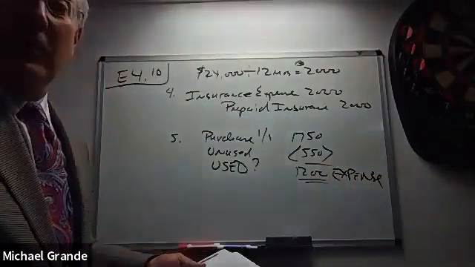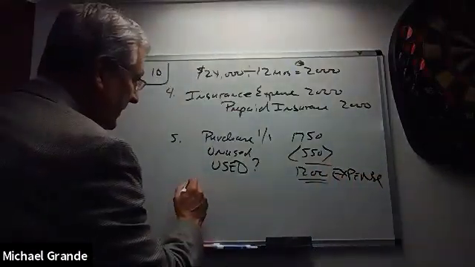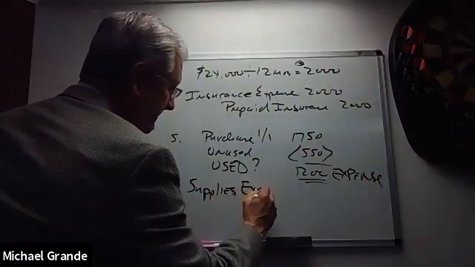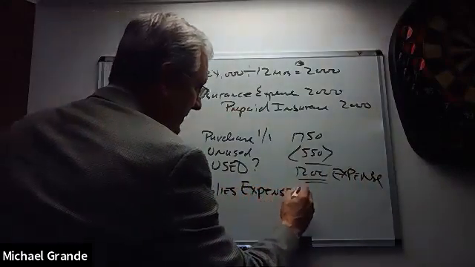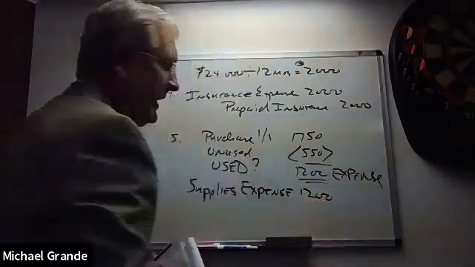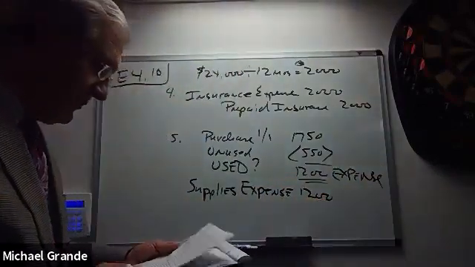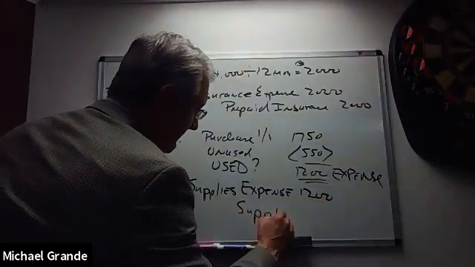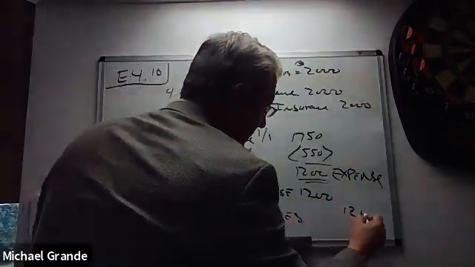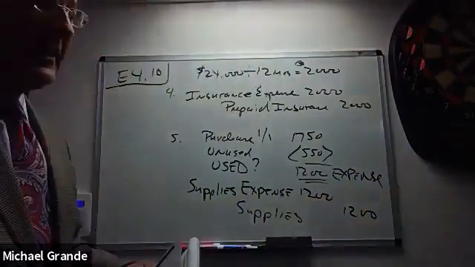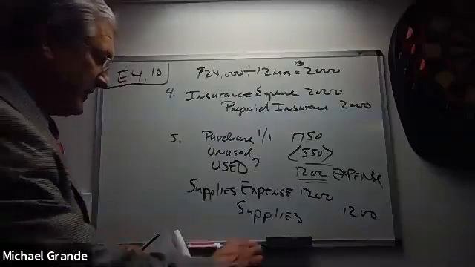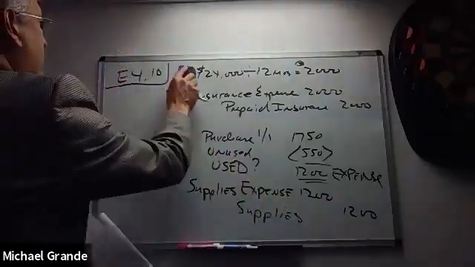So we need to incur that expense. We're going to debit supplies expense for the amount that was used. And we're going to reduce the asset by the same amount of money. And that asset is the supplies account for $1,200. Again, these are all adjusting journal entries.